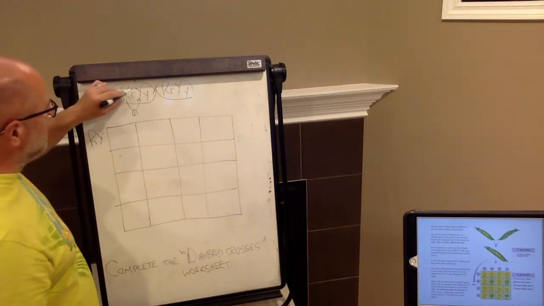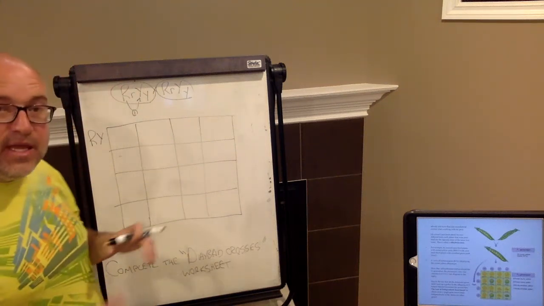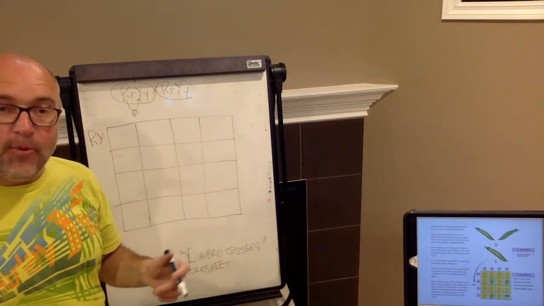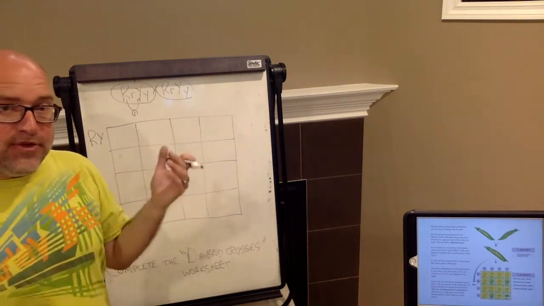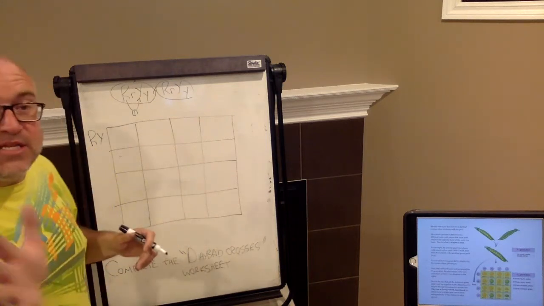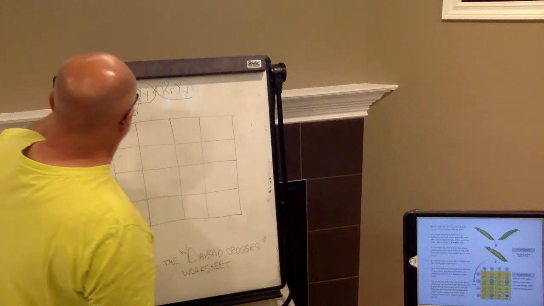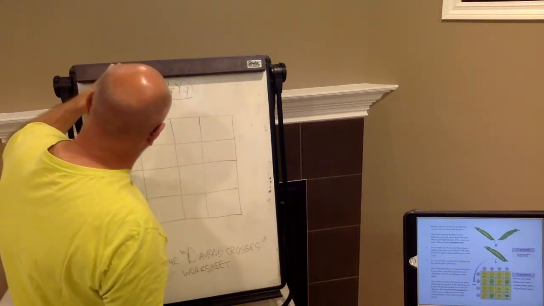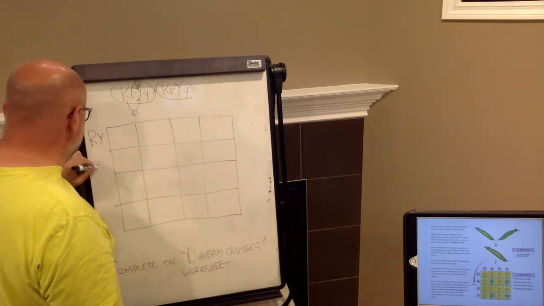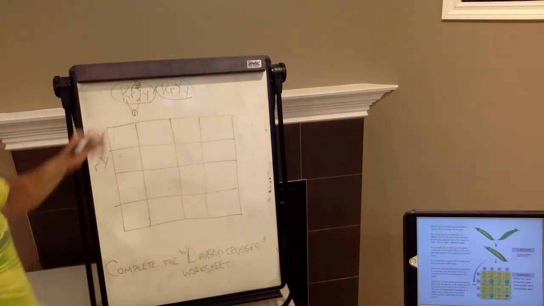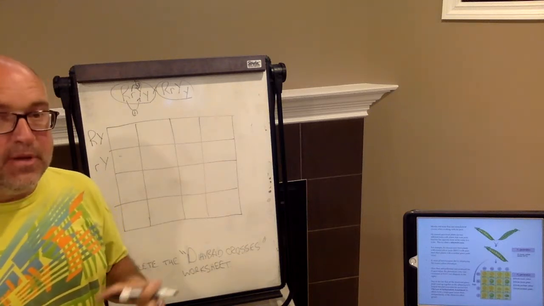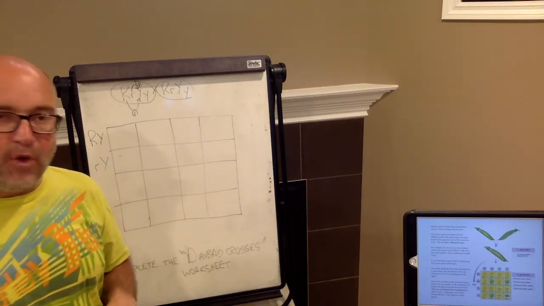Because that allele could mix with that allele in the gamete when the gamete is formed. It could be 2 dominant alleles that wind up going into the gamete. Combination number 2 is going to be little r with capital Y. So I could have a combination where I've got a recessive allele for shape combining with a dominant allele for color.